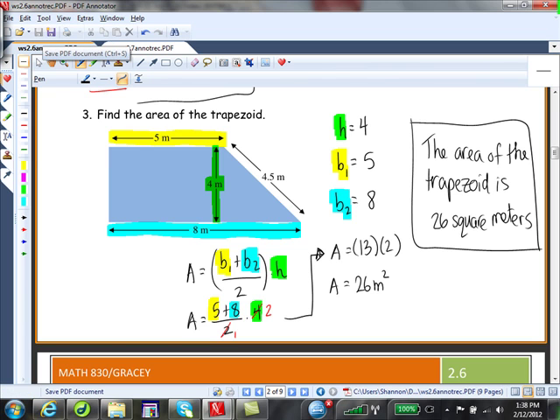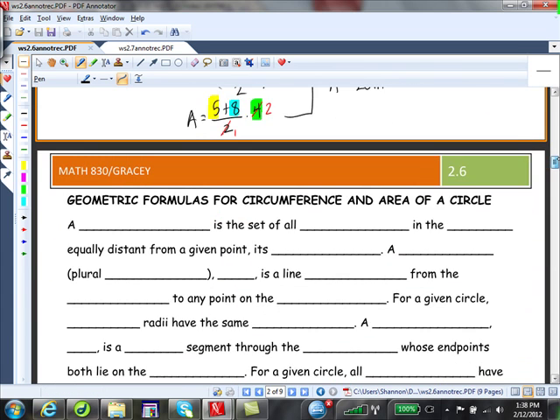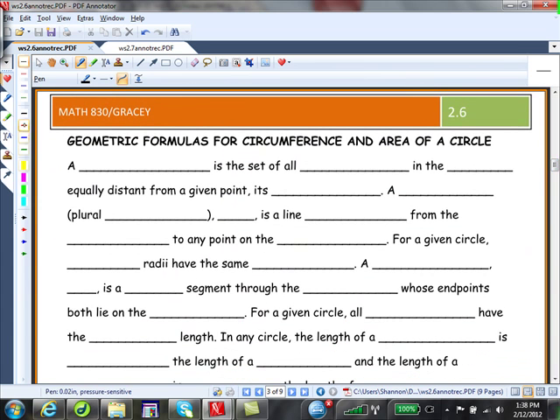All right, on to geometric formulas for circumference and area of a circle. A circle is the set of all points in the plane equally distant from a given point, its center.